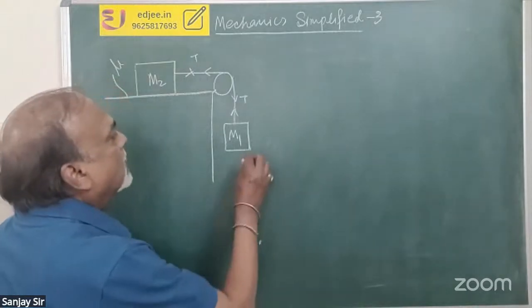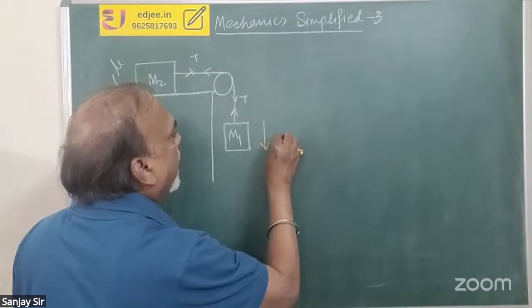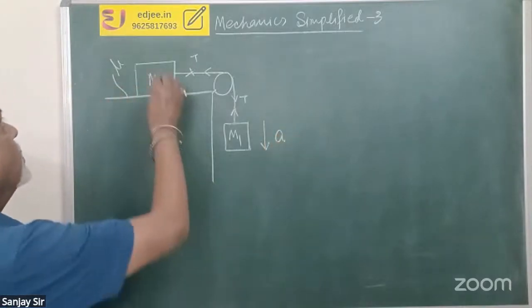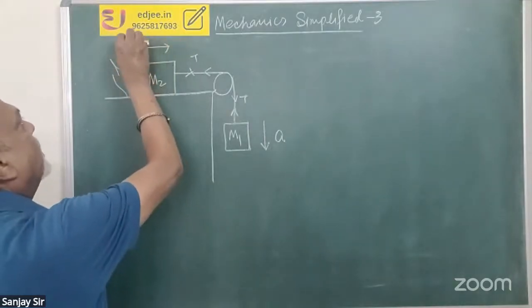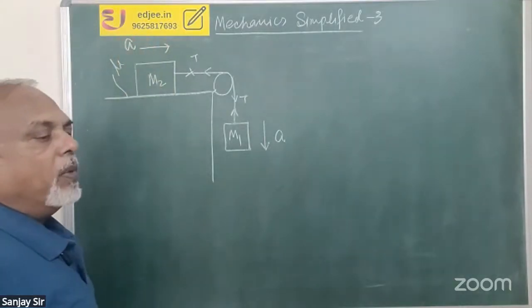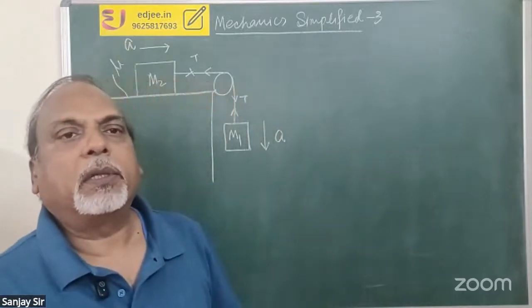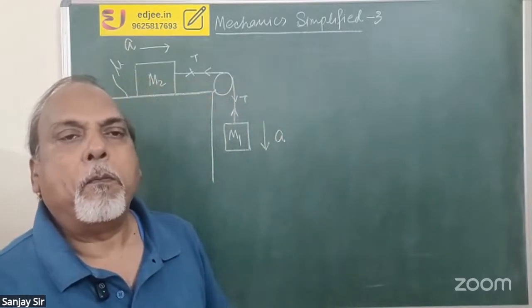Suppose this block is moving with acceleration A. If it is moving with acceleration A, this will also move with acceleration A because your string is massless and inextensible.